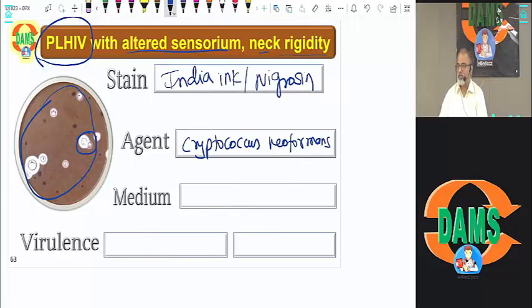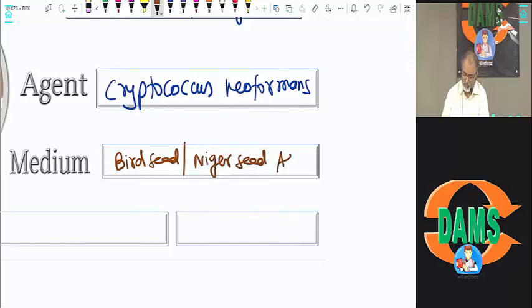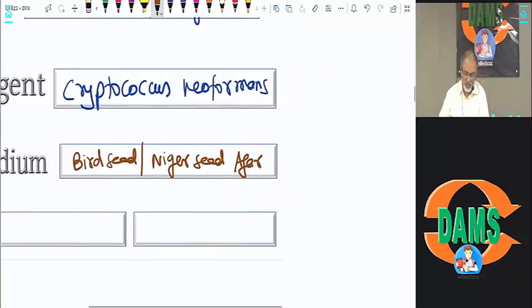What is the selective medium for Cryptococcus neoformans? There is a medium called bird seed agar or Niger seed agar. It produces what colony? Brown color or black color colonies.